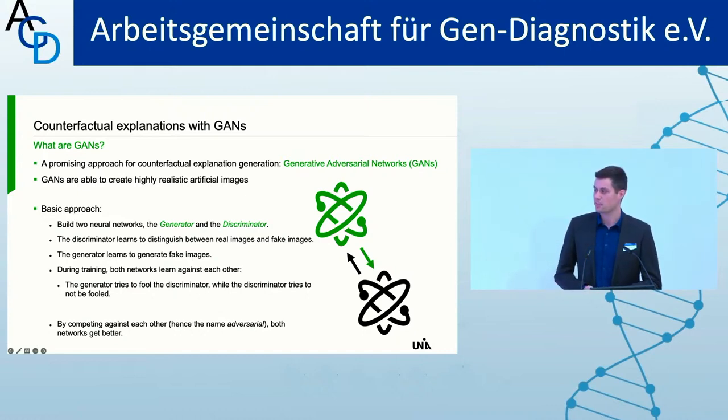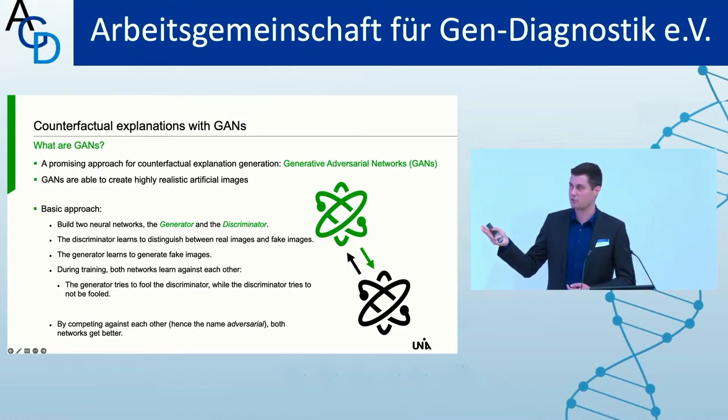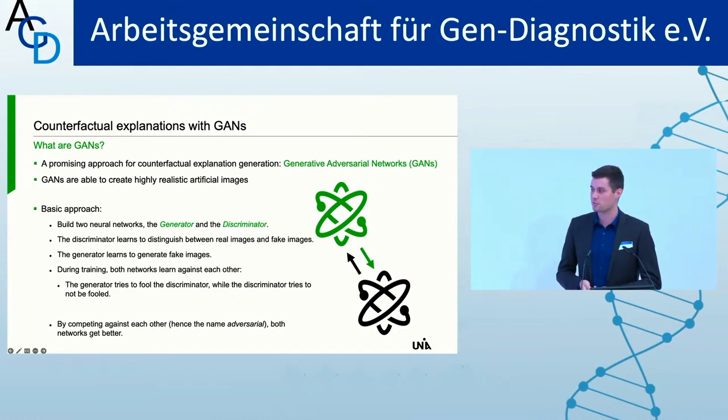But I just told you that we want to change the original image so that it still looks like the original image, but has some modifications that change the decision. With just the generative adversarial network approach, we can't do that because we generate completely new images based on random noise.